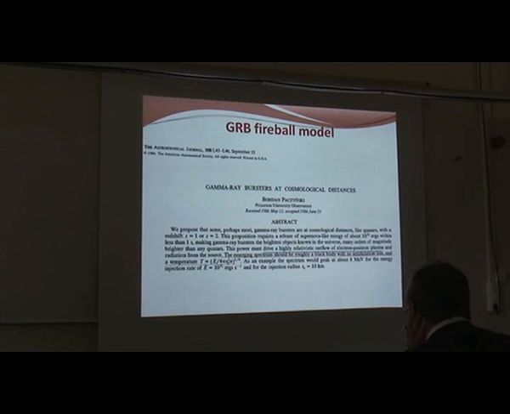If GRBs are at cosmological distances, the luminosity should be on the order of 10 to the 52 erg per second. So you can estimate the initial temperature of the outflow. It should be on the order of mega electron volts. So it's really hot. That's why people call it a fireball.